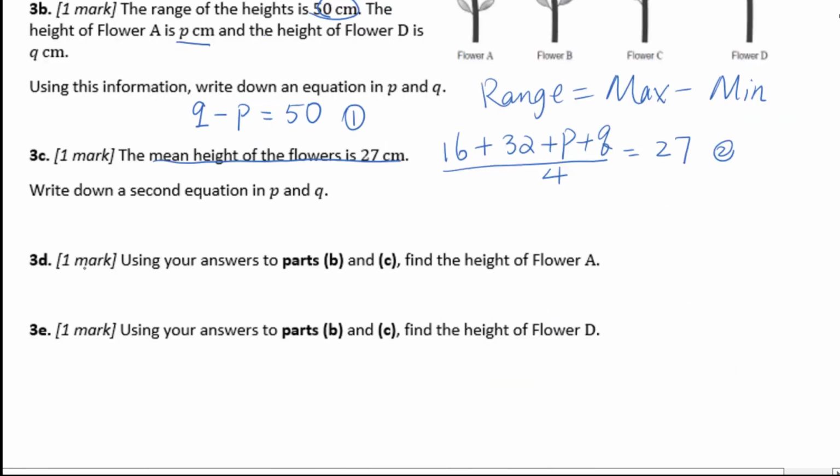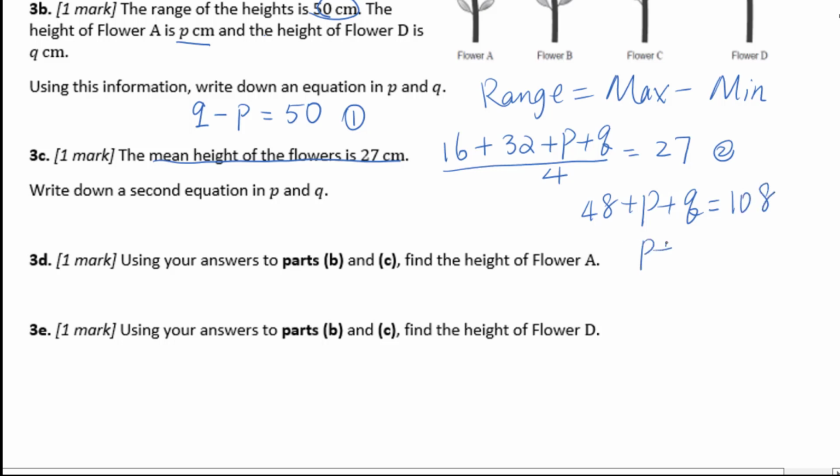For 3D, using your answers to parts B and C, find the height of flower A. Basically, we need to solve these two equations. For the second equation, let's multiply by 4 on both sides. 16 plus 32 is 48, plus P plus Q equals 27 times 4, which is 108.